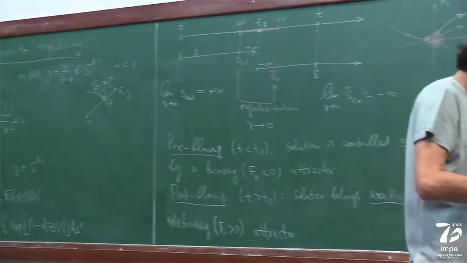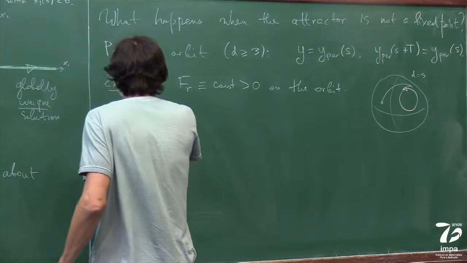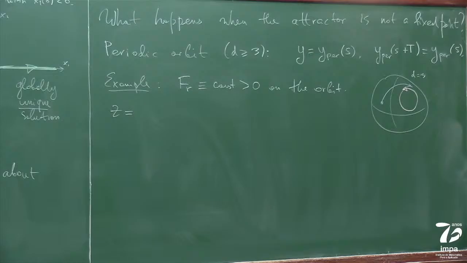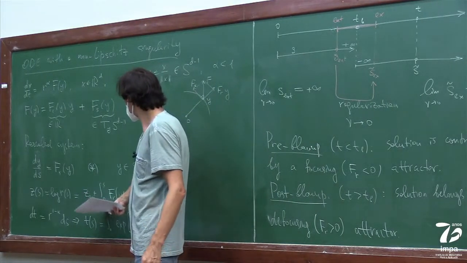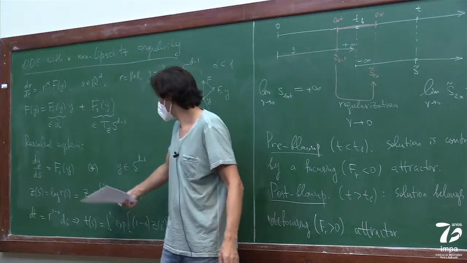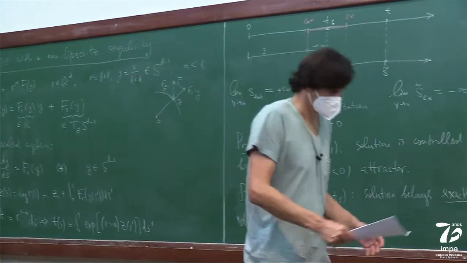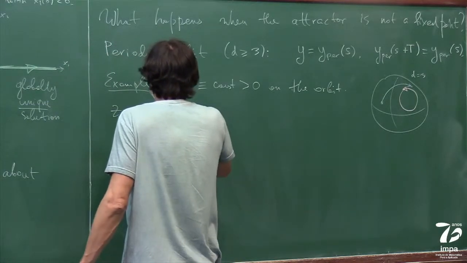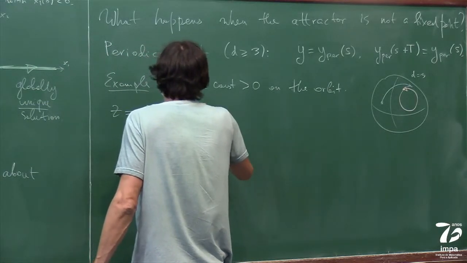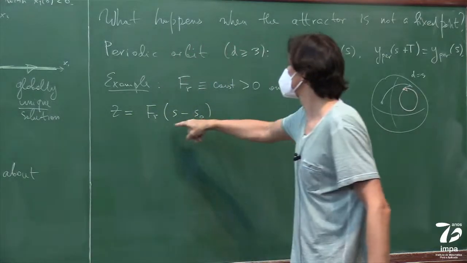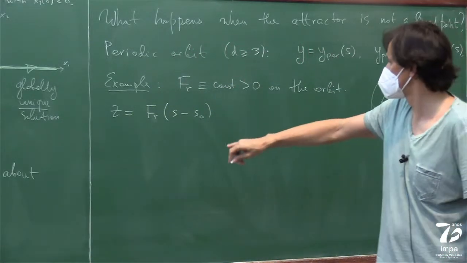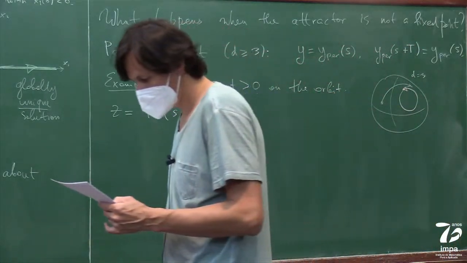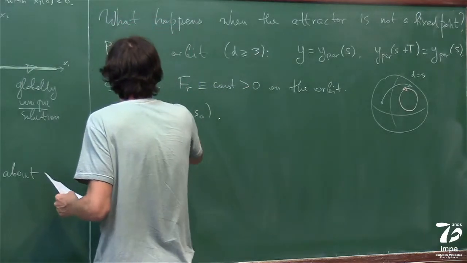So z is what? Fr is constant, so the integral is just Fr s, which can be written as Fr (s minus s0). Instead of z0, I put s0, just to make it simpler.